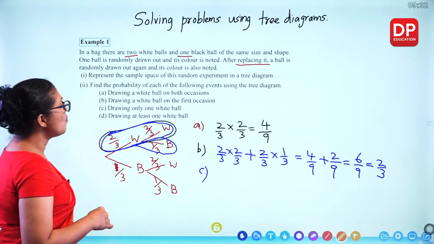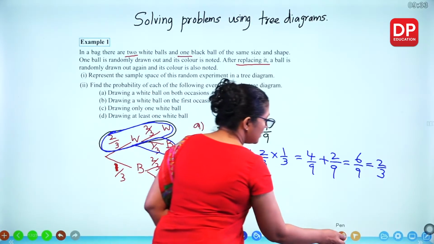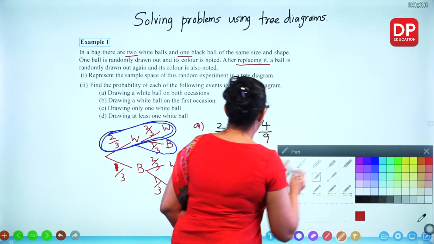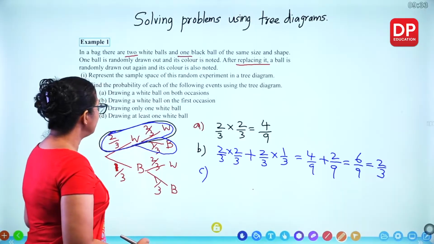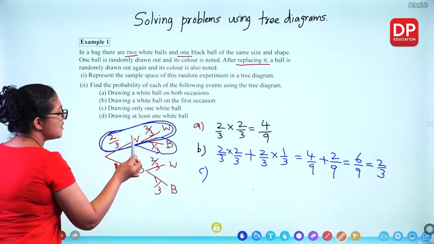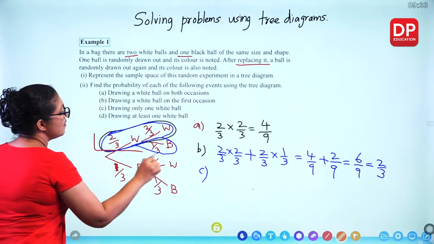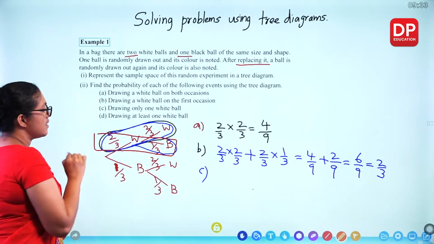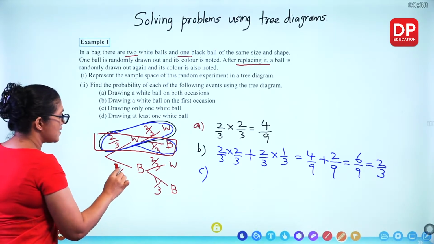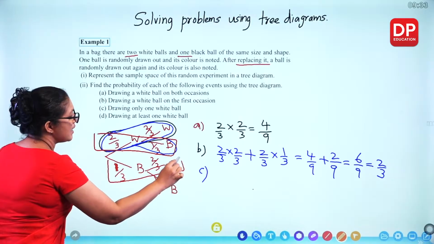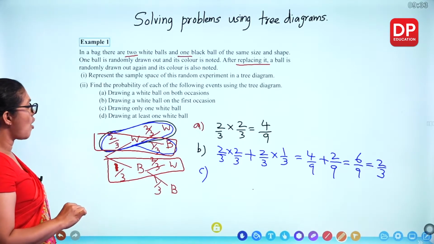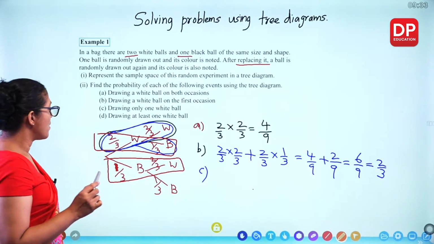Drawing only one white ball. One white ball is, if this is white, you can't get a white, you can get a black. If the first time is black, you can get a white one. So how many branches are there? 2 branches.